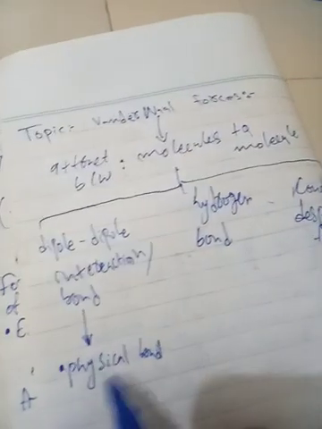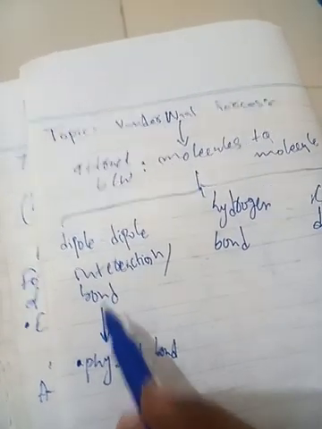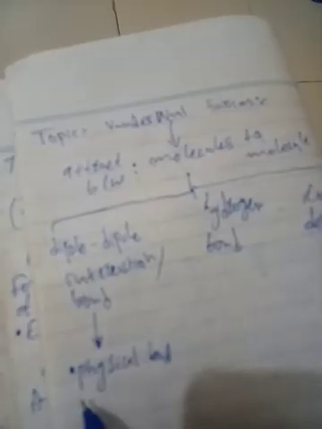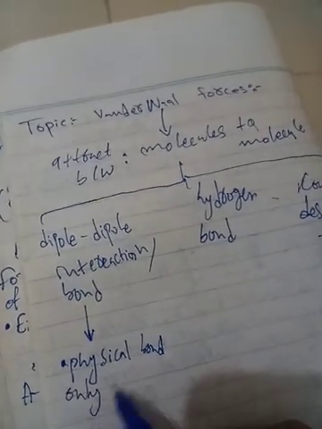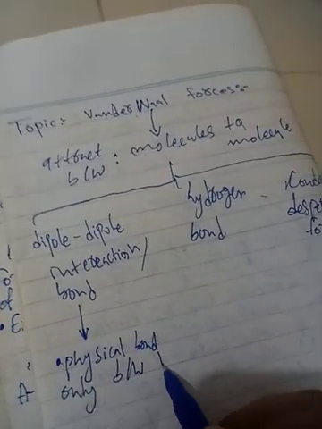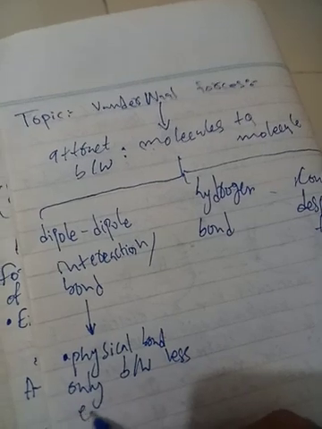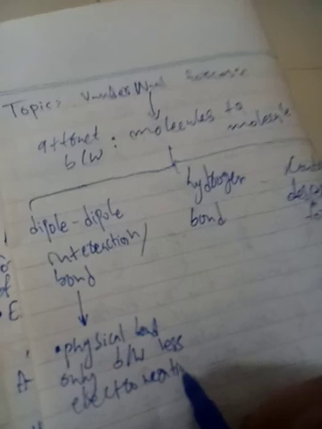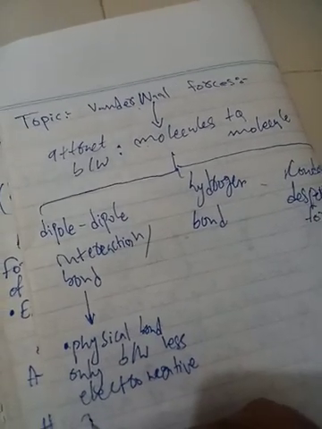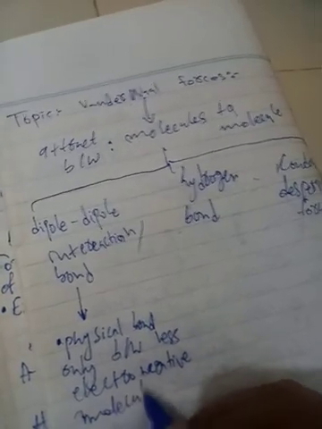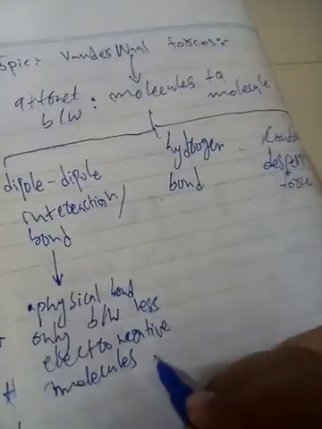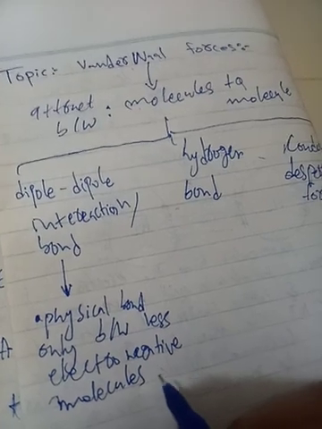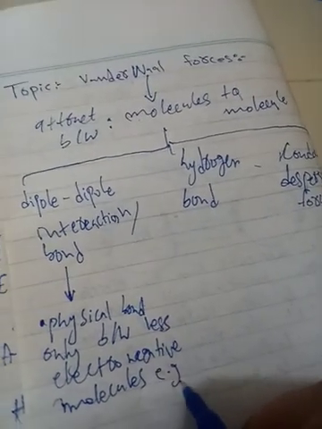But to specify the dipole bond, it is a physical bond only between less electronegative molecules. Let's look at the example.